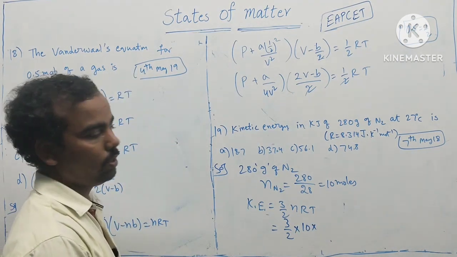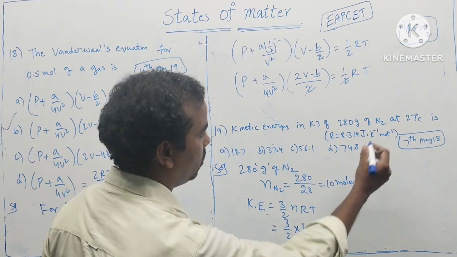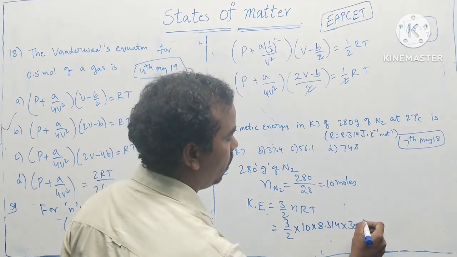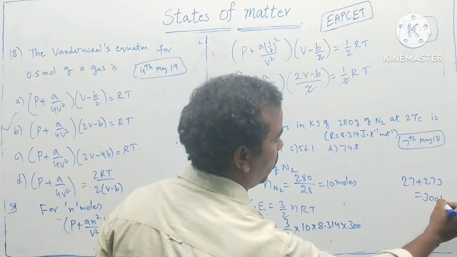R value in joules is 8.314. Temperature 27 degrees centigrade means 27 plus 273, 300 kelvins.